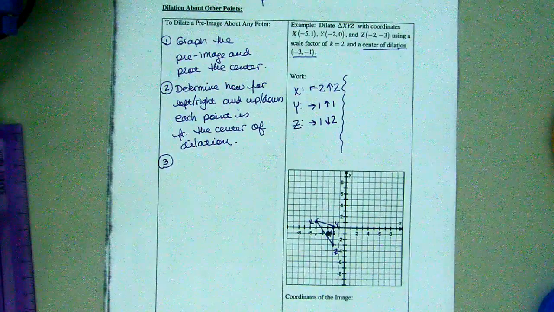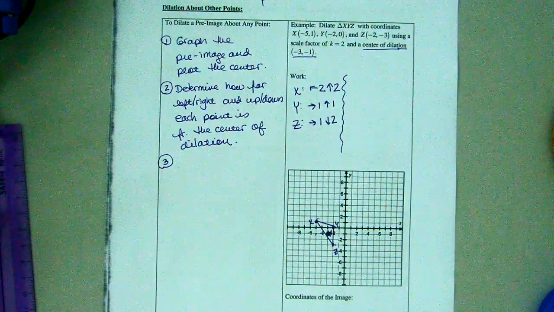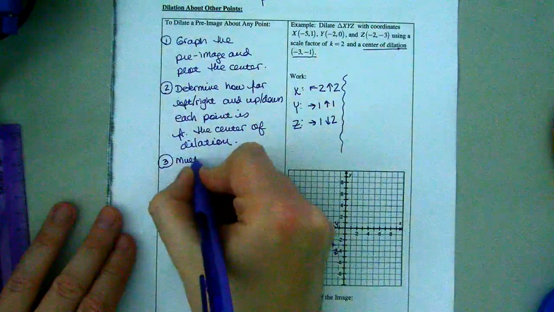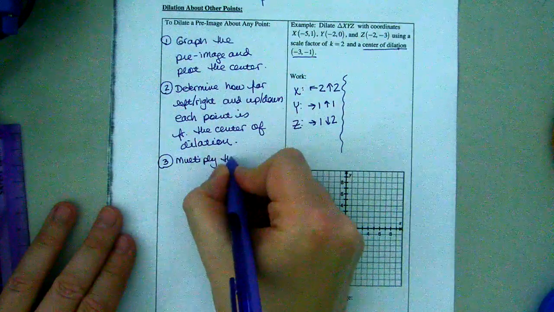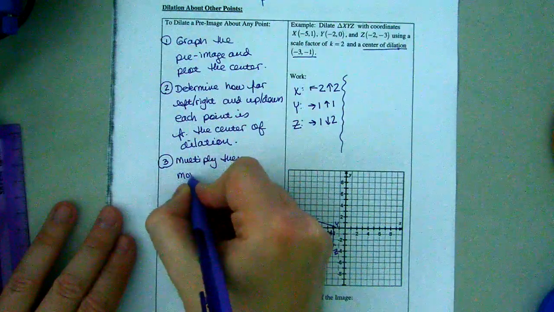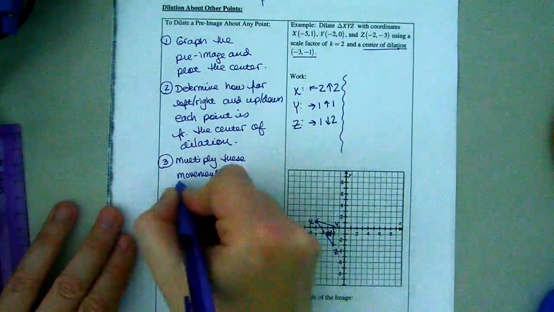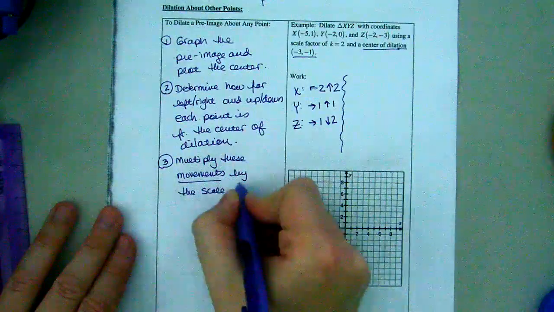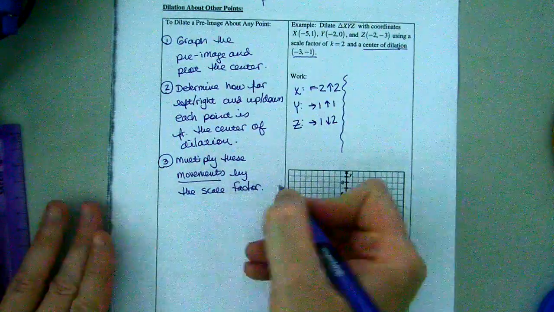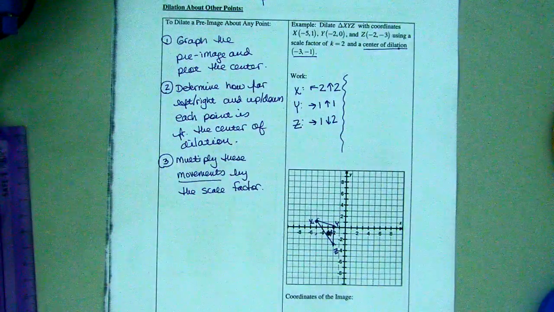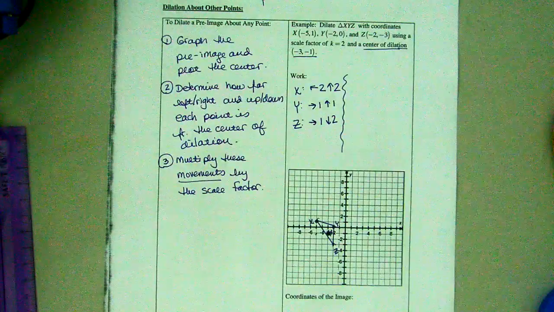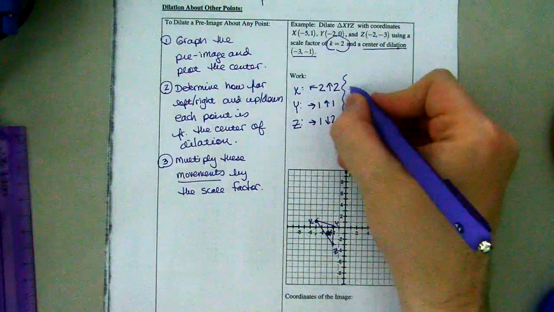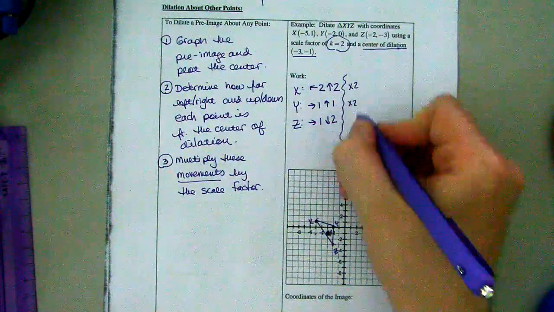What I now need to do is multiply these movements by the scale factor. Pause to get that in your notes. My scale factor is 2, which means it's going to make your shape bigger. I'm going to multiply my movements by 2.